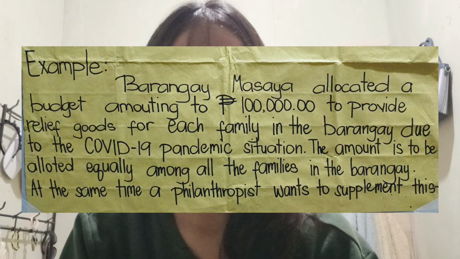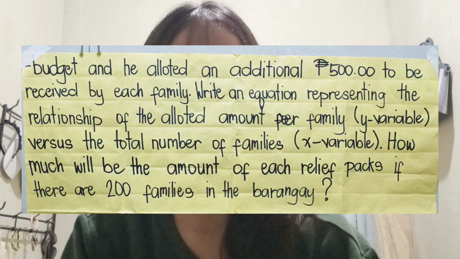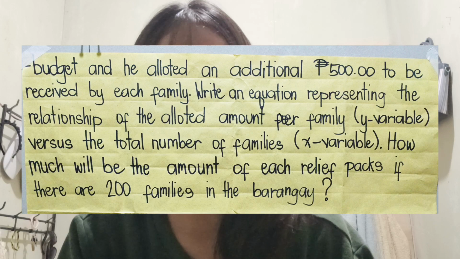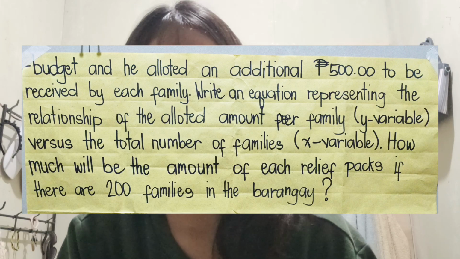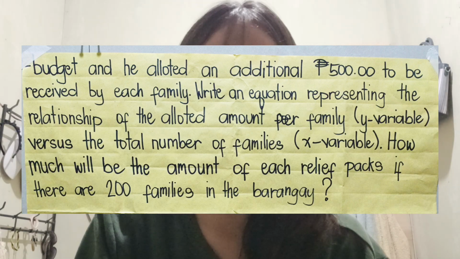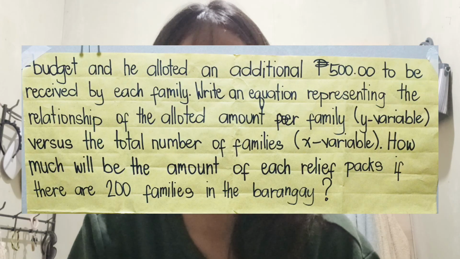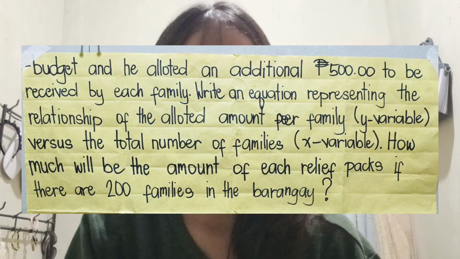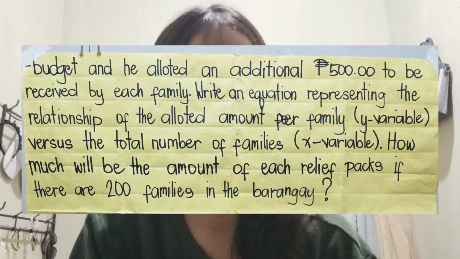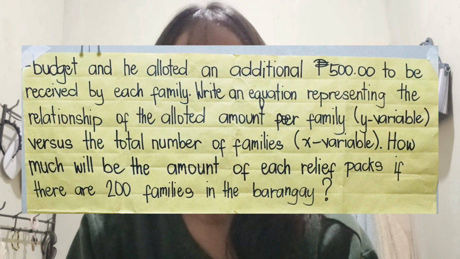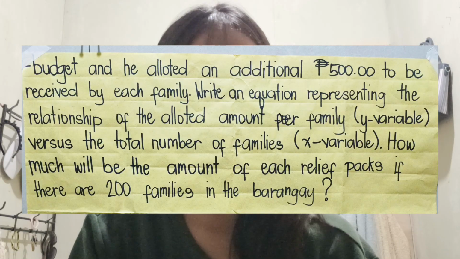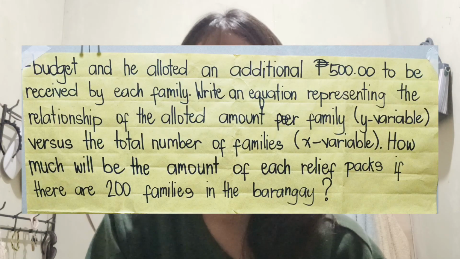At the same time, a philanthropist wanted to supplement this budget and he allotted an additional 500 pesos to be received by each family. Write an equation representing the relationship of the allotted amount per family, or the y variable, versus the total number of families, which is the x variable. How much will be the amount of each relief pack if there are 200 families in the barangay?